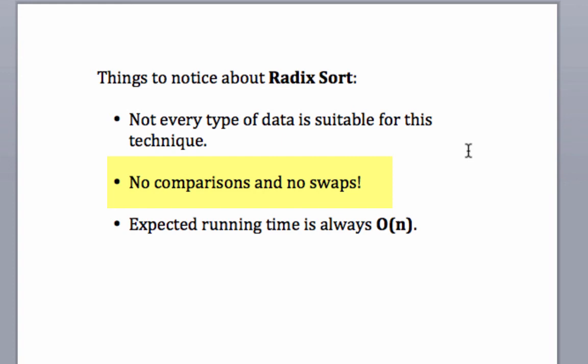We simply regroup, creating buckets, and that leads to an expected running time of n, which means it's directly proportional to the number of buckets and size of the data. And this is much faster than anything that is n squared, which we have studied in the past. If you have not watched the videos, there are 3 videos on insertion sort, selection sort, and exchange sort, which are very different from RadixSort.